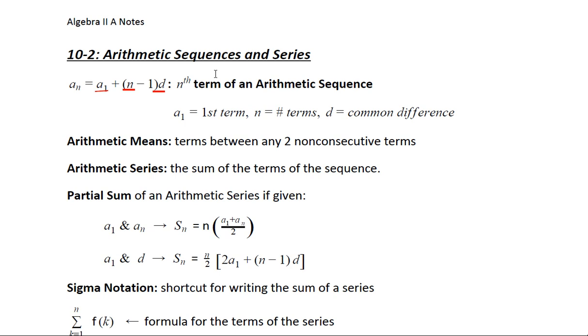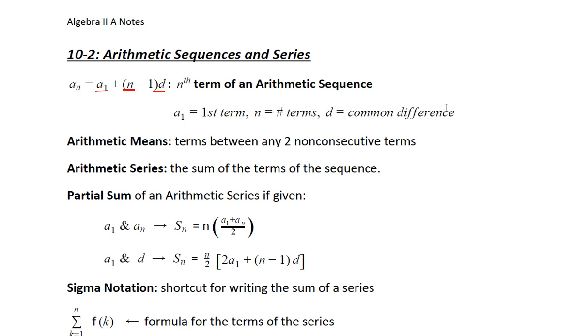And this is only for arithmetic, so when we're adding and subtracting a number to create the sequence. So A1 is first term, N is the number of term. So if they're asking you for a specific term, you'll use that number for N. And D is the common difference, plus 2 minus 6.